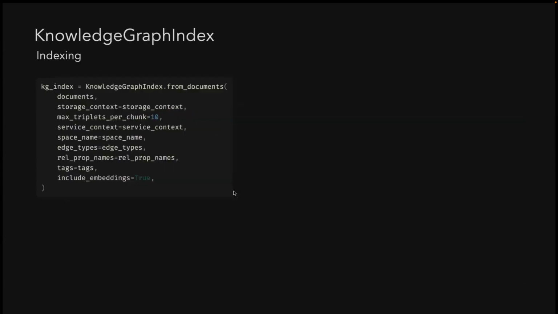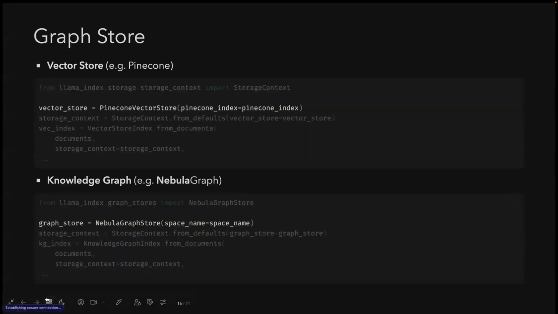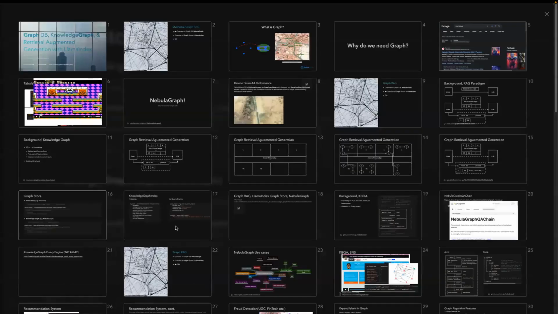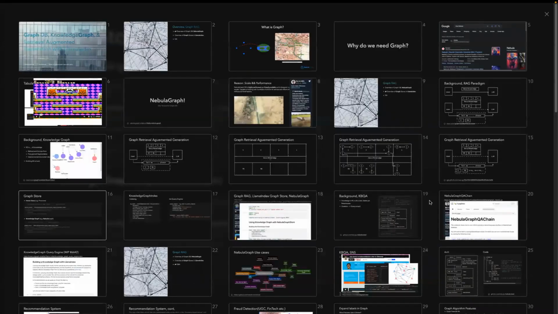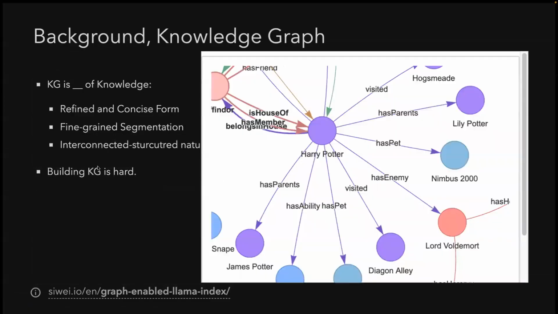So with the help of this abstraction, we not just bring the knowledge graph to the RAG. We also solved another problem that we mentioned before. The building of the knowledge graph, the extraction of small pieces of information from the text, is also quite expensive.